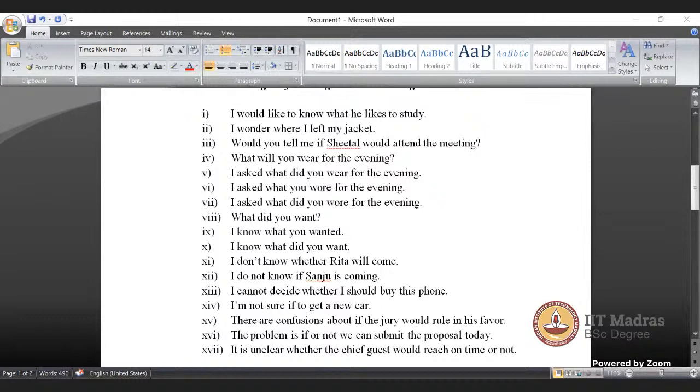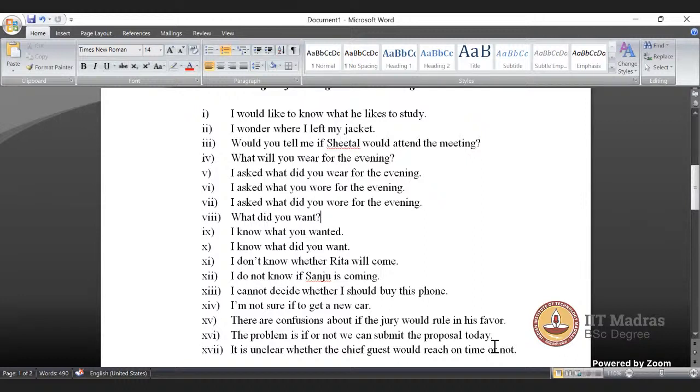This is also something that you should know: whenever you have a preposition... Look at the sentence. There are confusions about, and about is a preposition, right? So whenever you have a preposition preceding the clause, you need to use whether instead of if. There are confusions about whether the jury would rule in his favor.